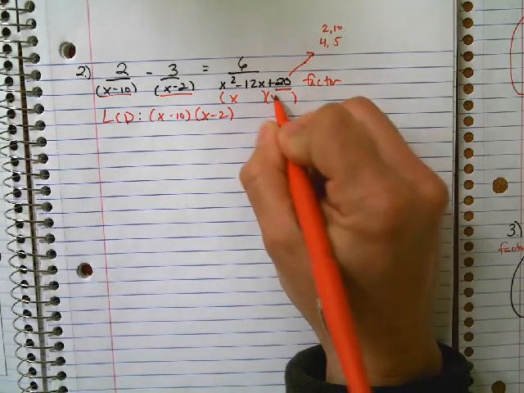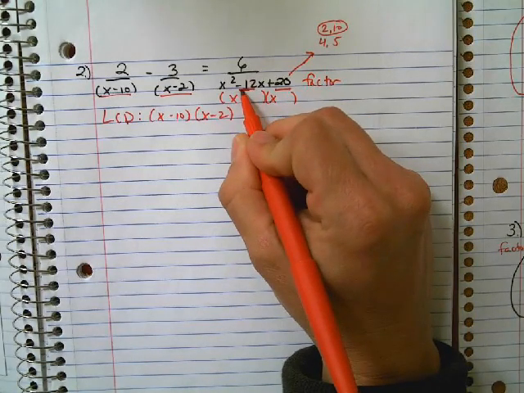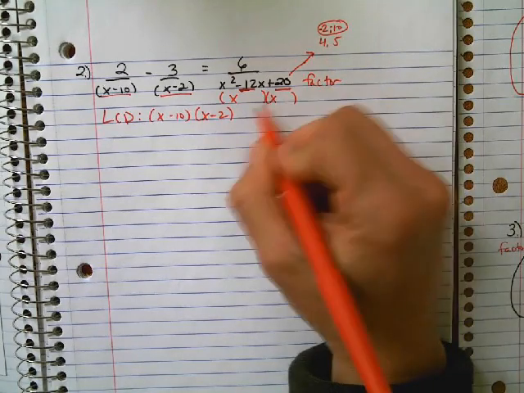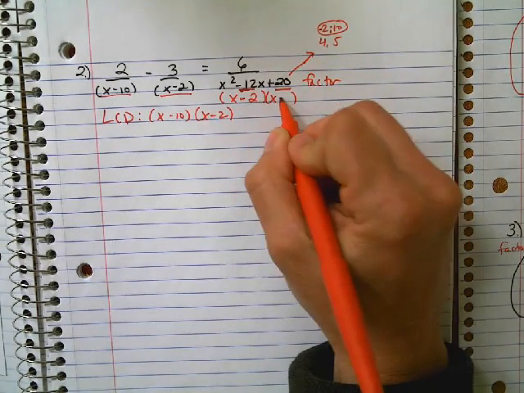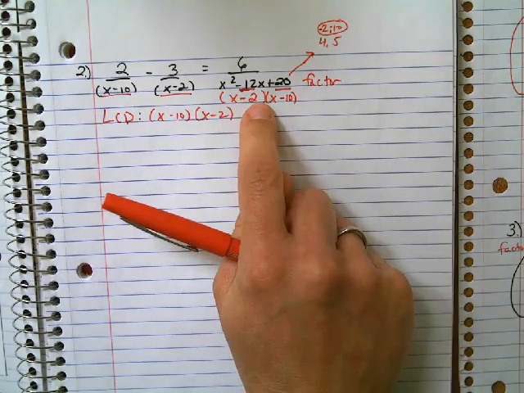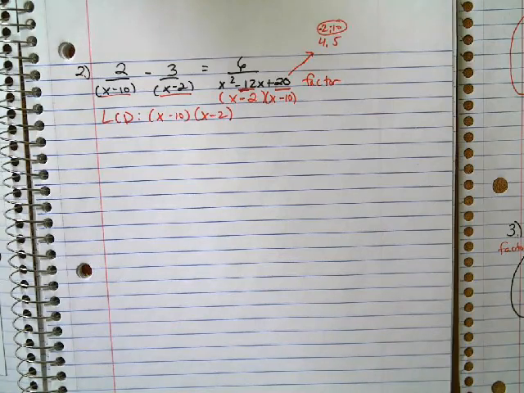Out of those options, 2 and 10 add to be my middle term of 12. However, the 12 is negative, so I need to make sure that both of those factors are also negative. So x minus 2, x minus 10. Now, because this right fraction has everything from the least common denominator, I do not have to write it again. It is exactly what my least common denominator is.